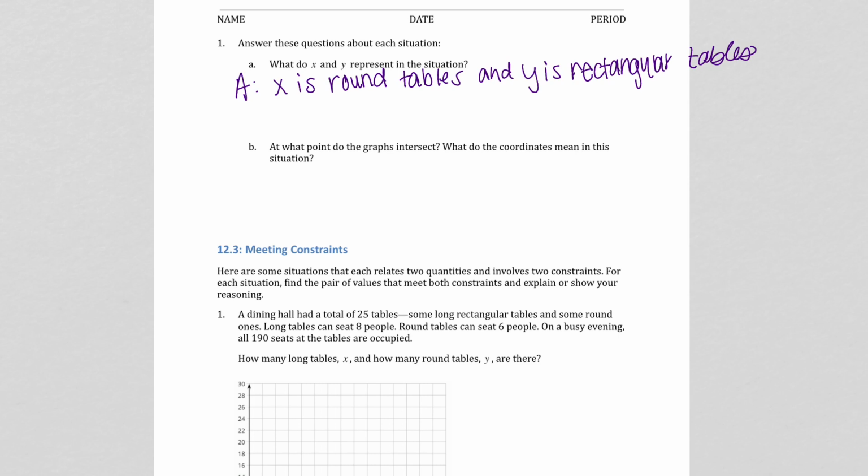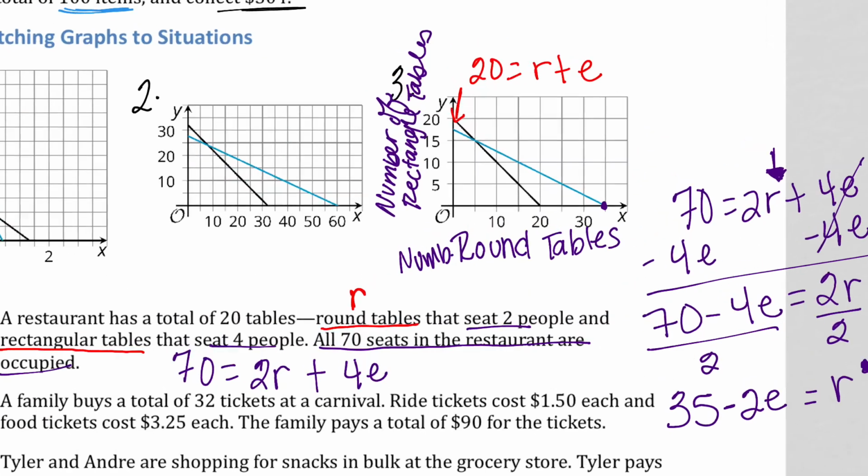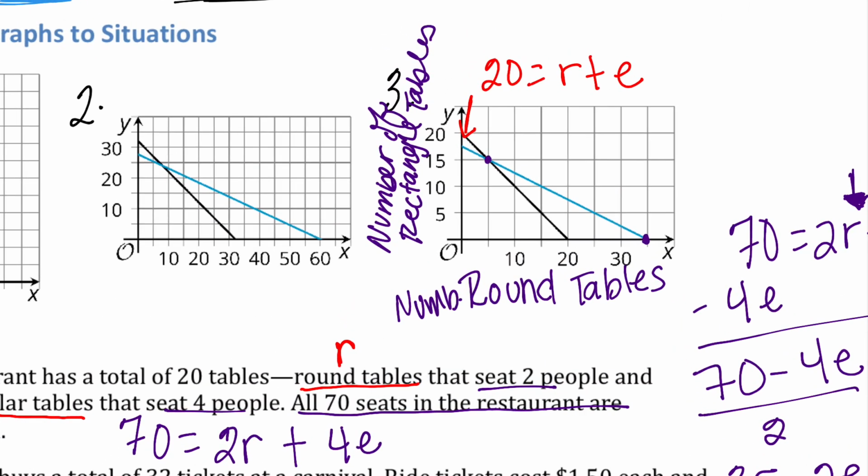And for B, we're going to say, at what points do the graphs intersect, and what do the coordinates mean in this situation? So my graph here, what is this point of intersection? What's the coordinate for it? 5, 15. Okay.